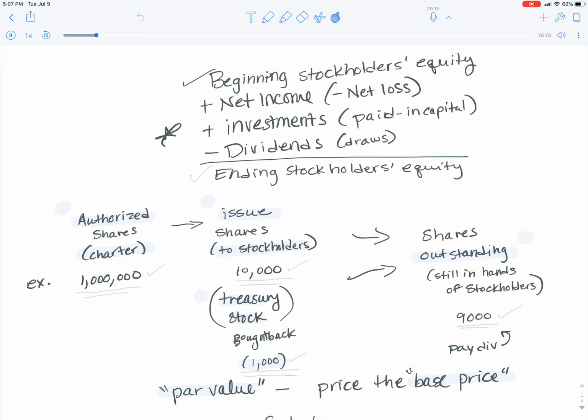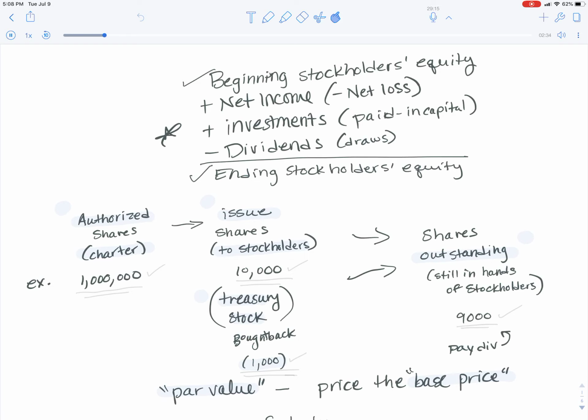You're going to add net income or subtract a net loss, add any investments, which are paid-in capital, and subtract dividends, which are like withdrawals. So our withdrawals in a corporation are called dividends. And then we'll end up with ending stockholders equity. So that formula is the same as owner's equity. We're just changing some of the titles of the accounts.